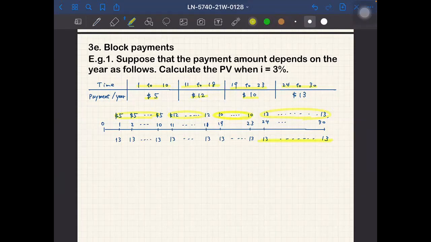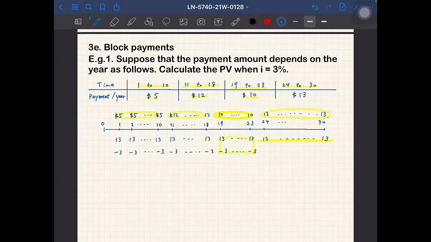That is $3 less than $13. So we think about the cash flow of -$3 at each time point from 1 to 23rd. Then 13 minus 3 is equal to 10, so it matches the $10.